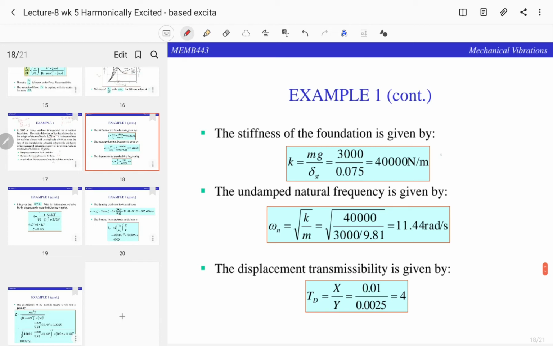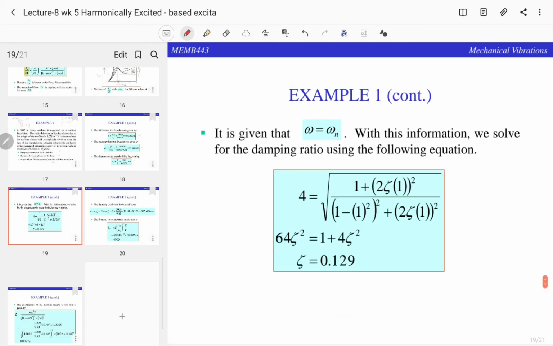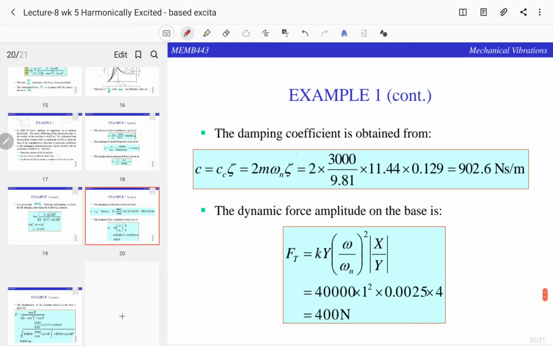Then you can calculate your K, and after that your omega N. You can calculate your displacement transmissibility because they give both capital X and capital Y. Then at omega equals omega N, you can calculate zeta, the damping ratio. Because you want to find the damping coefficient, you need to find zeta first. Then you can calculate your C.